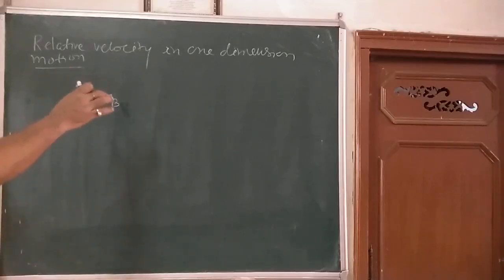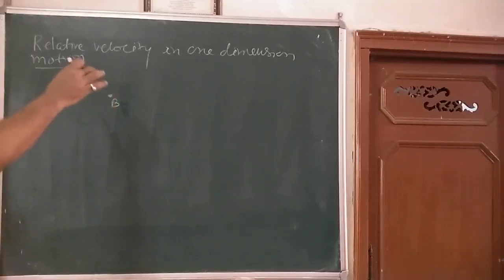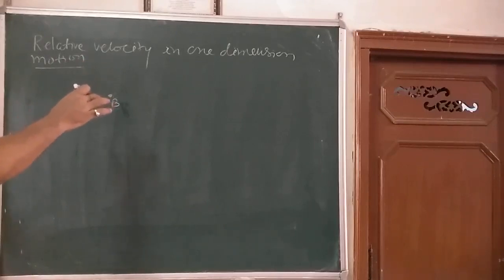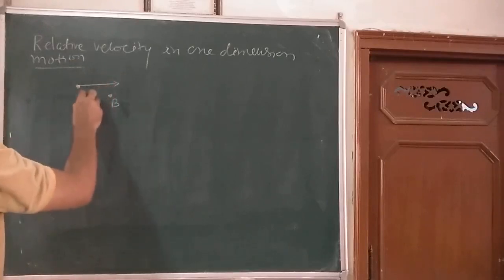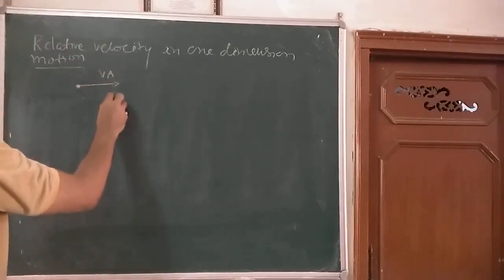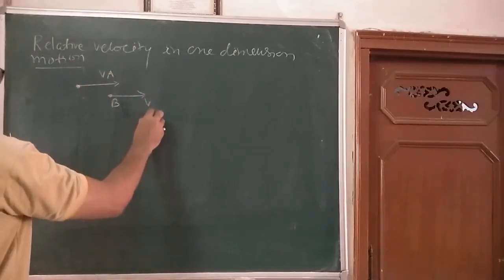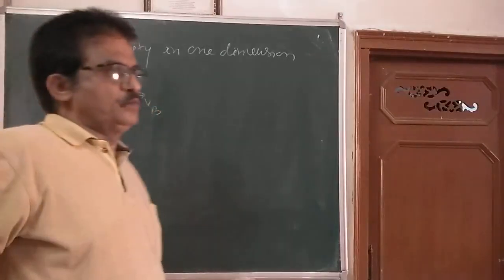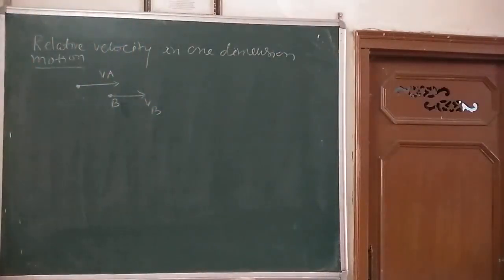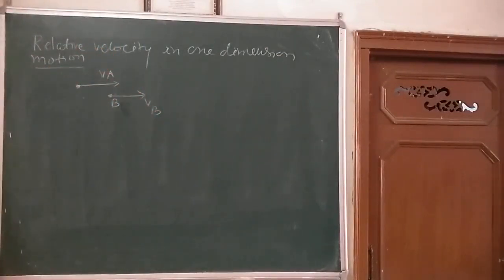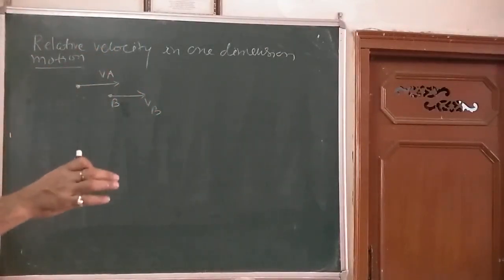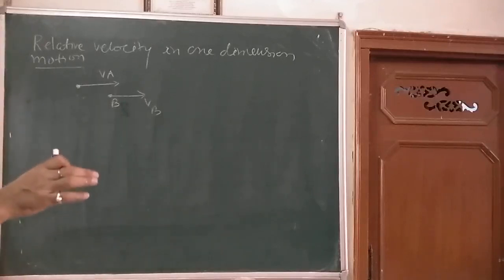Then the velocity of one object A with respect to the other object B is called the relative velocity of the object A with respect to B. Suppose the velocity of object A is VA and the velocity of object B is VB. Both are moving in the same line with different velocities.